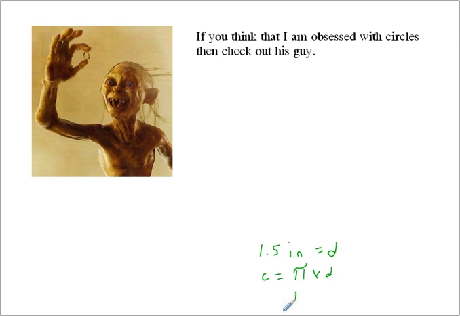So it's just going to be 1.5 times the value of pi. What is it going to be? It's going to be 3.14 times 1.5. So it's going to be about 4.71 inches. And there we're done.